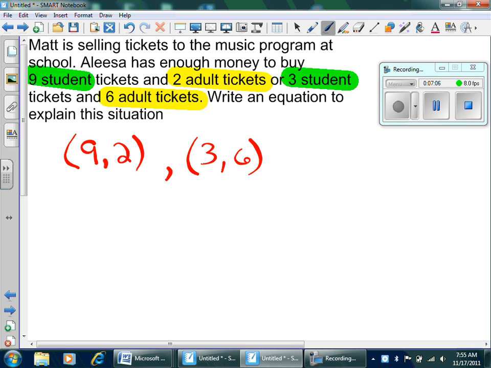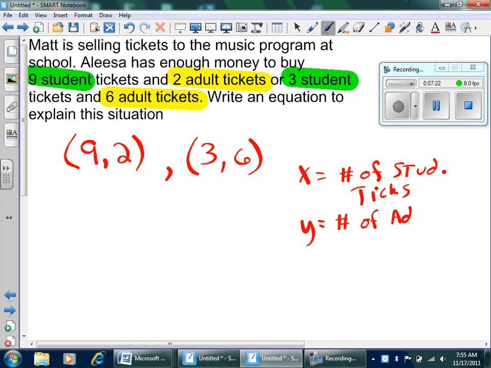So in other words, x equals the number of student tickets, and therefore y must be the number of adult tickets. Better fix that. There we go.